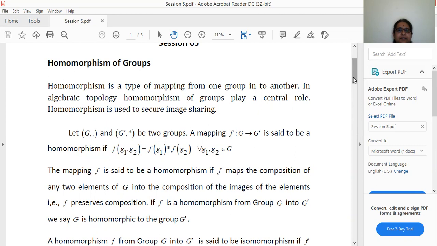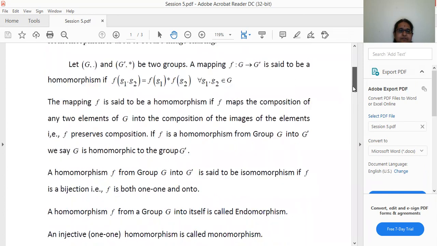Suppose we have f from (G, +) to (G', +), that is, group G with binary operation addition and group G' with binary operation addition, then the condition will be f(g1 + g2) = f(g1) + f(g2) for all g1, g2 belonging to G. So depending on the binary operation of the domain and codomain, we modify that definition.